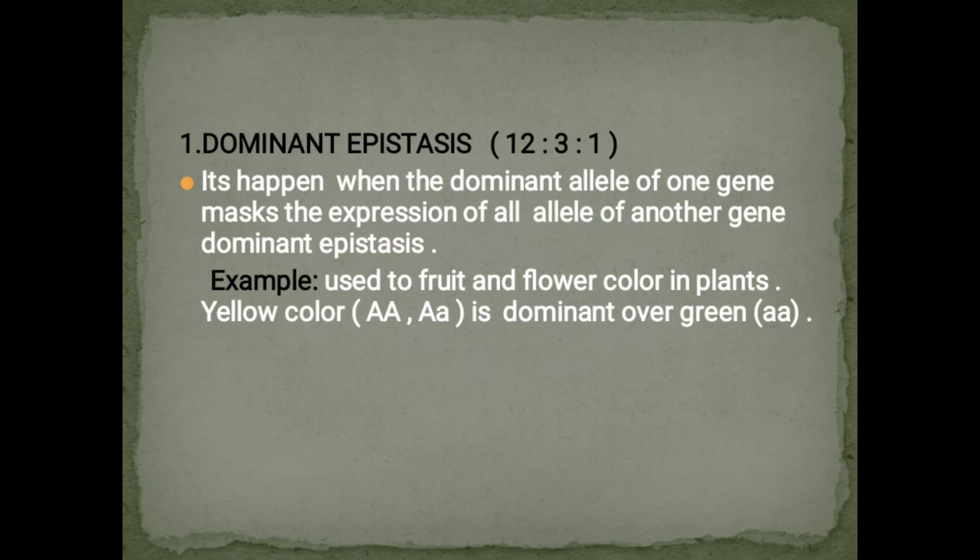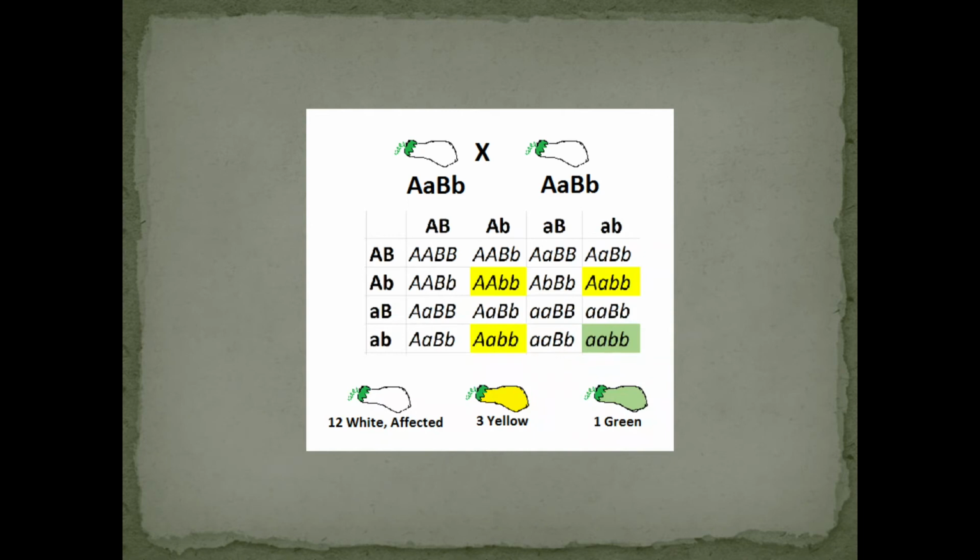Yellow color, both capital A and small a, is dominant over green color, small a. In this diagram, we observe yellow and green color: 12 white, 3 yellow and 1 green. Cross between plants, flowers.